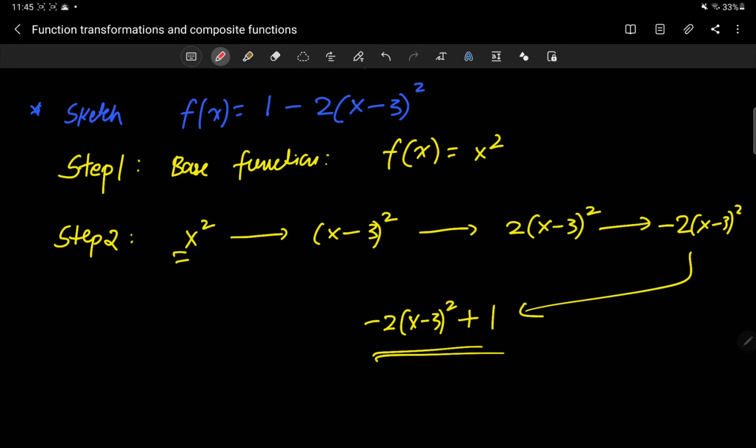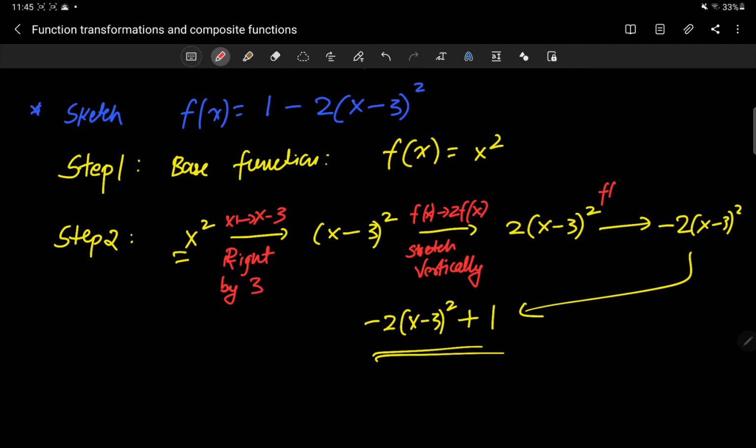Now let's label the transformations. The first one is x to x minus 3, so that is move right by 3. The second one is you multiply f of x by 2, 2 times f of x, so you stretch vertically by a factor of 2.